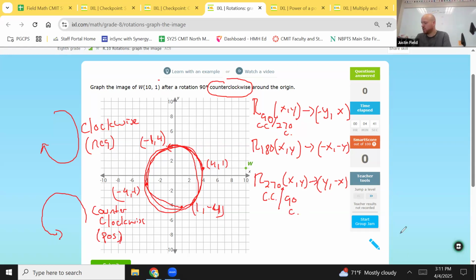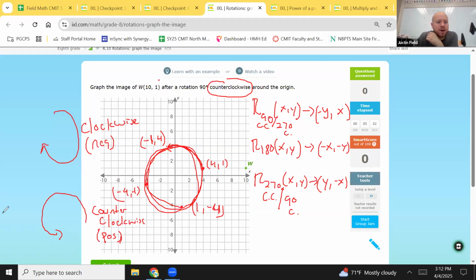All right, I'm going to write those down because I always forget those. If you didn't write them down, I don't know why. But I always forget the 90 and the 270. So I'm just writing them down there. 180 is easy for me to remember.